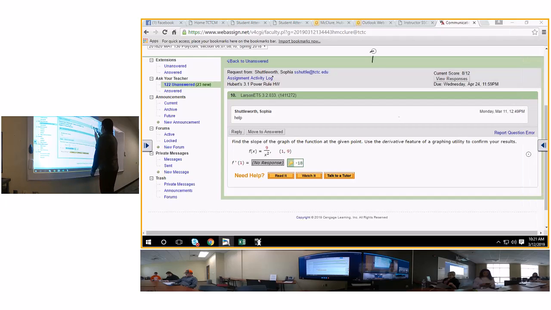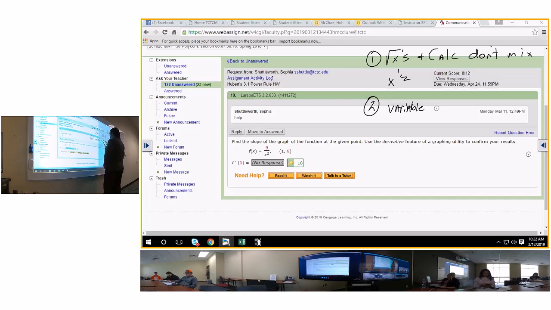So you got to change that rational exponent into x to the 1/2 power. The second thing is the variable and the coefficient need to be on the same level.